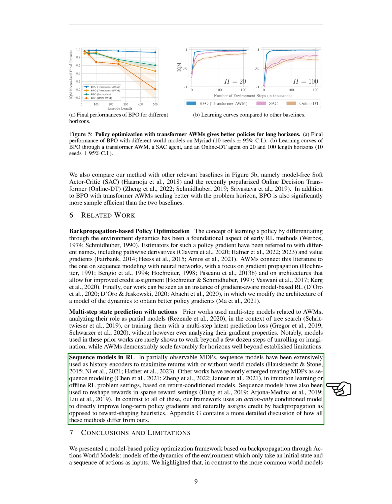Some have even used sequence models to adjust rewards in scenarios with sparse rewards. Unlike these approaches, our framework employs an action-only conditioned model to directly enhance long-term policy gradients, naturally facilitating credit assignment through backpropagation rather than relying on reward-shaping heuristics. For a more detailed comparison of these methods to ours, we invite readers to consult the appendix.